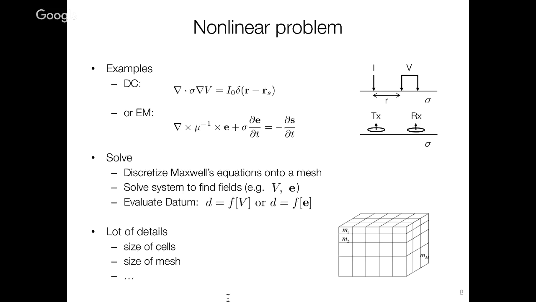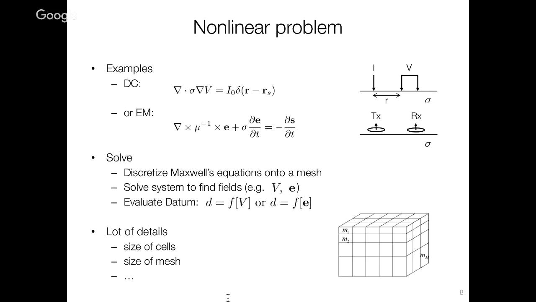So for the nonlinear problems, whichever way we are, in order to solve them, we have to take Maxwell's equations, we have to discretize that onto some kind of a mesh. That mesh actually could be a tensor mesh, a rectangular mesh, or it could be a cylindrical mesh as you have in some of the apps.